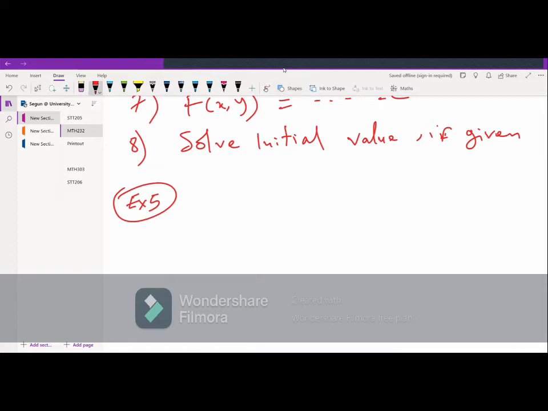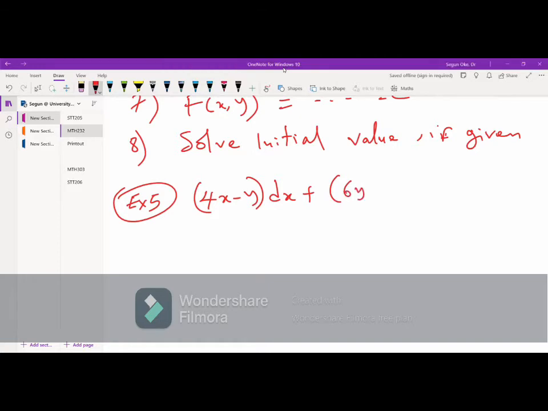We have an example: 4x minus y dx plus 6y minus x dy equals 0. Can we show that this is exact? Everybody, please do that.